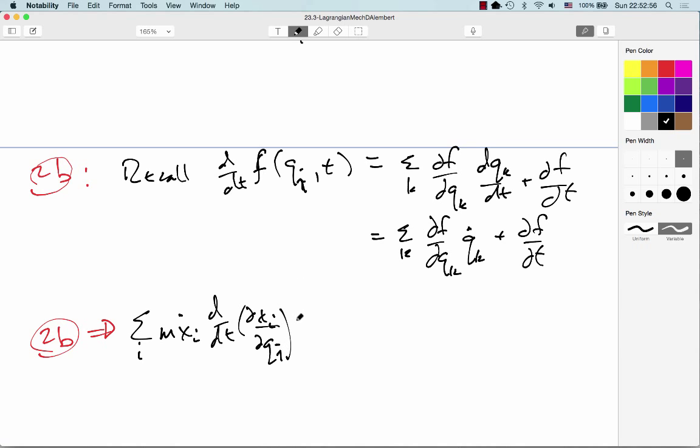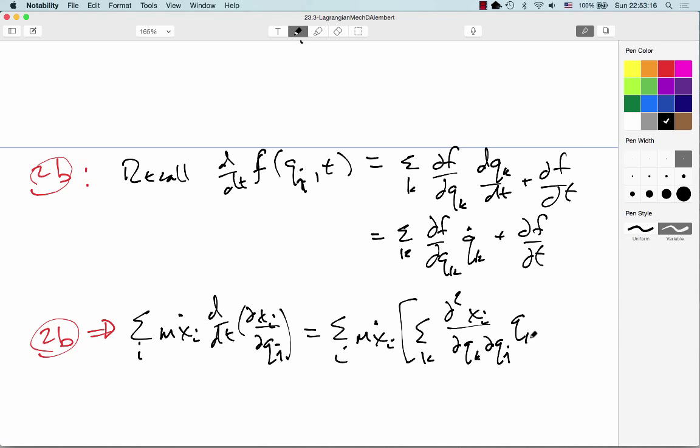Applying this identity to that partial derivative, we'll have sum over i m xi dot times sum over k partial squared xi partial qk partial qj times qk dot plus partial squared xi partial qj partial t.